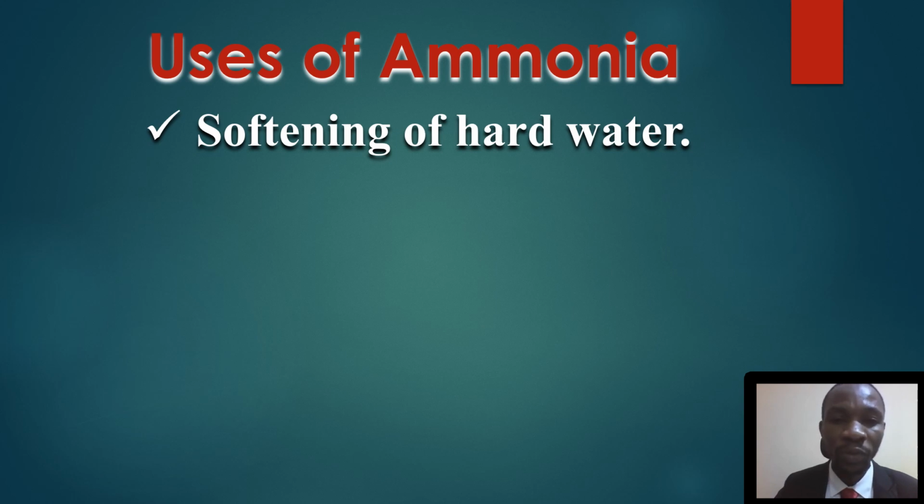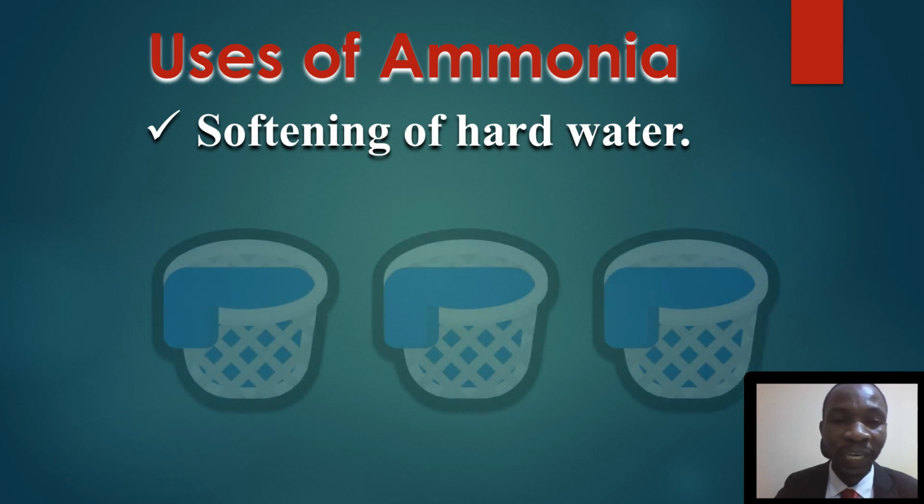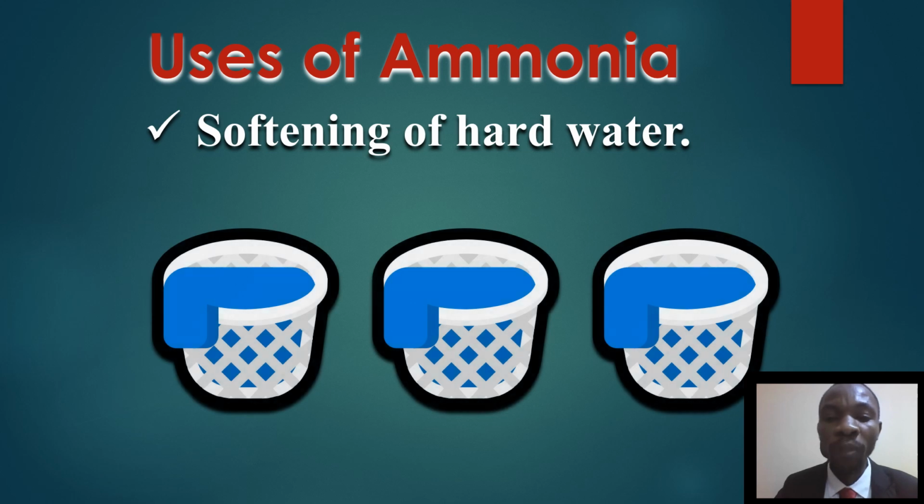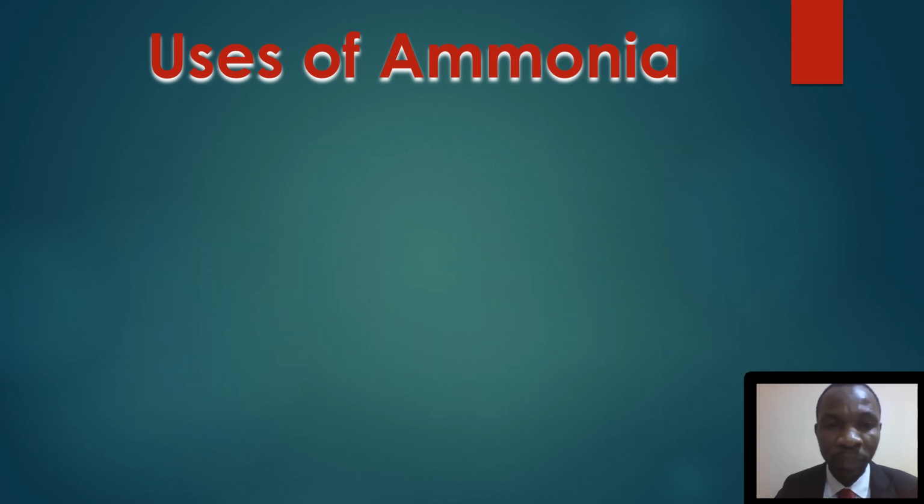So what do you do if you want to wash clothes using the water? You can add ammonia to precipitate all the magnesium ions in that water and make it soft. Once you have done that, the water becomes soft and it can easily lather with soap.